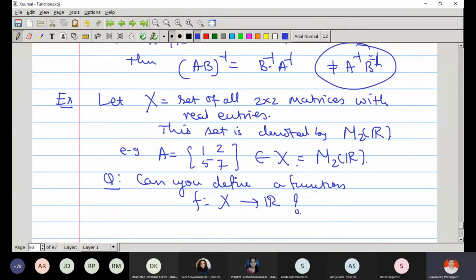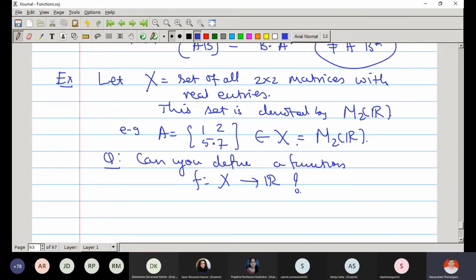From this matrix, can you obtain some real number? Can you do some process on this matrix so that you will get a real number? Find its determinant. Very good.